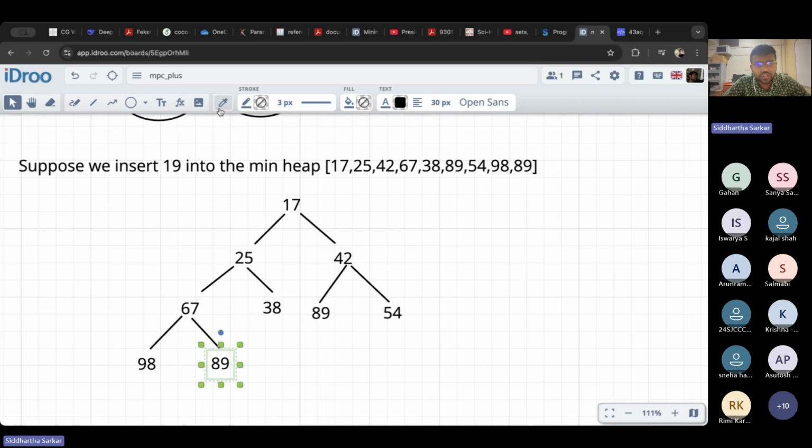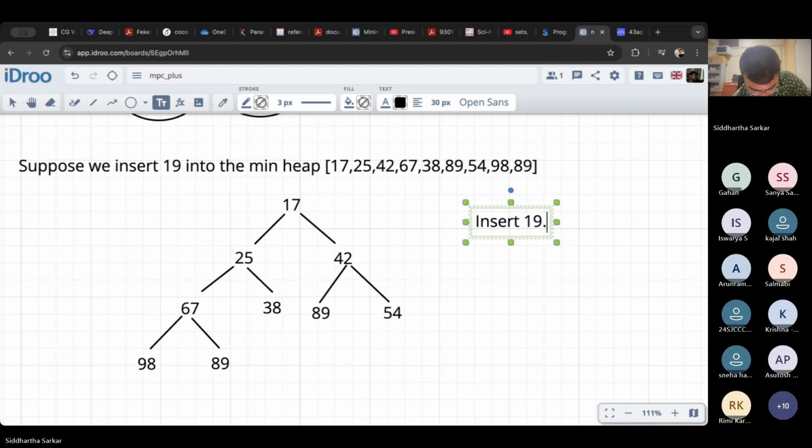Now you are going to insert one element. What is that element? 19. So where shall we insert 19? As a child of which node shall we insert 19 to begin with? 38.